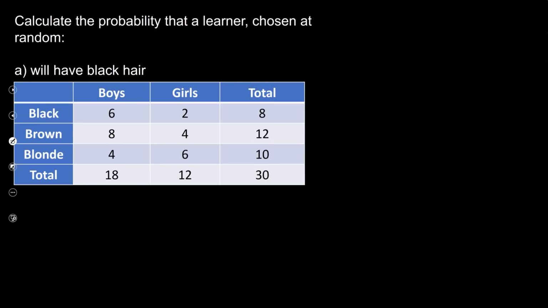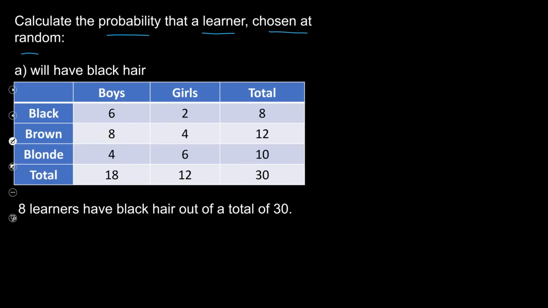So calculate the probability that a learner chosen at random will have black hair. So if you look at this, what do we have to do? Okay, so there are 8 learners who have black hair out of 30. Can you see that? So there are 8 learners with black hair.